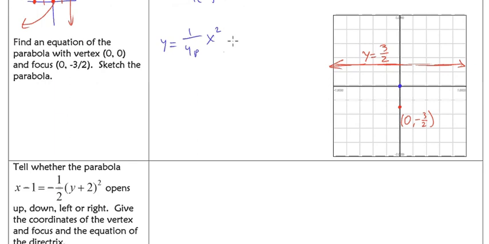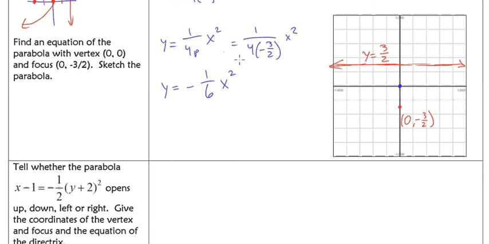So y is equal to 1 over 4 times negative 3/2 times x squared. 4 times 3/2, that's 6, and so this is 1 over negative 6 right here. So we've got y is equal to negative 1 over 6 times x squared.